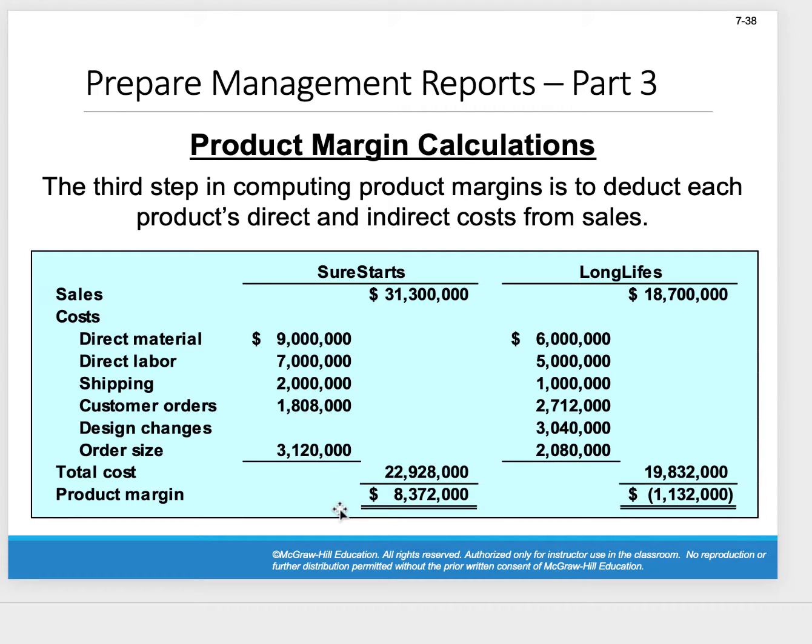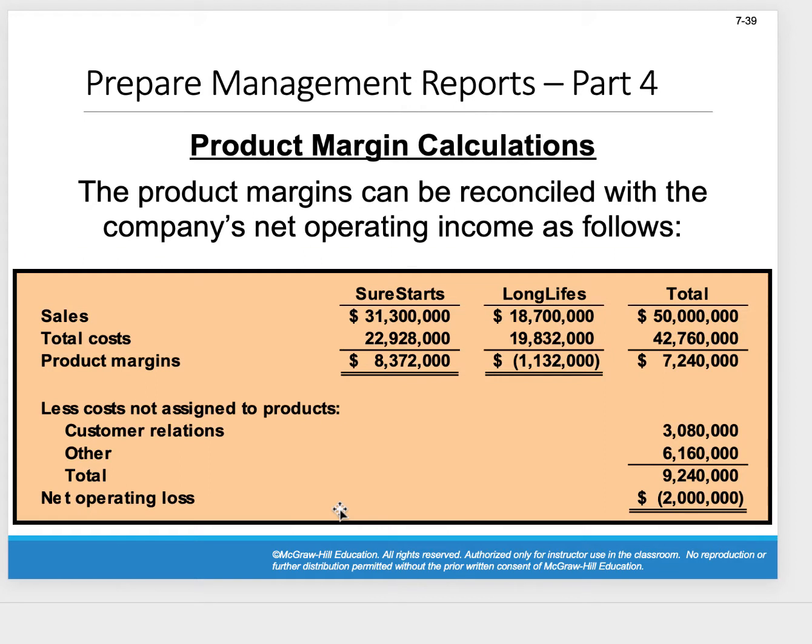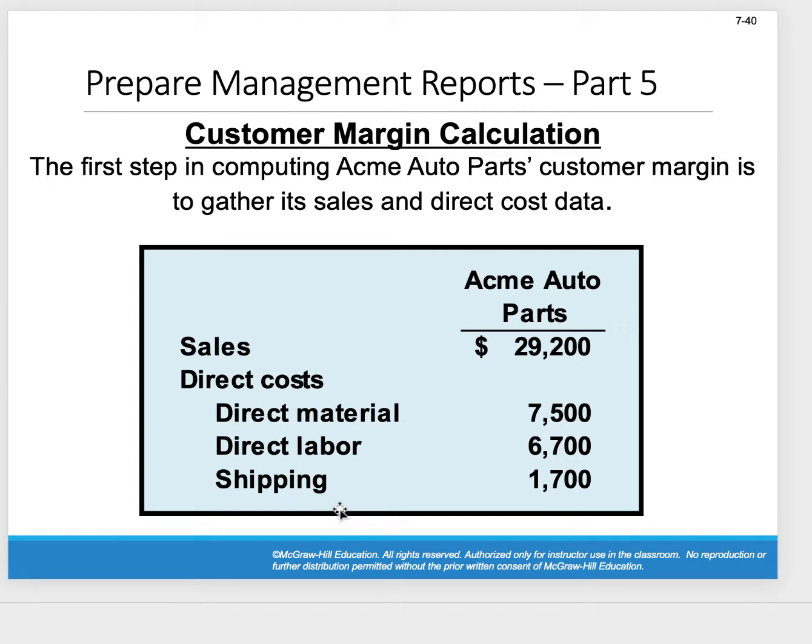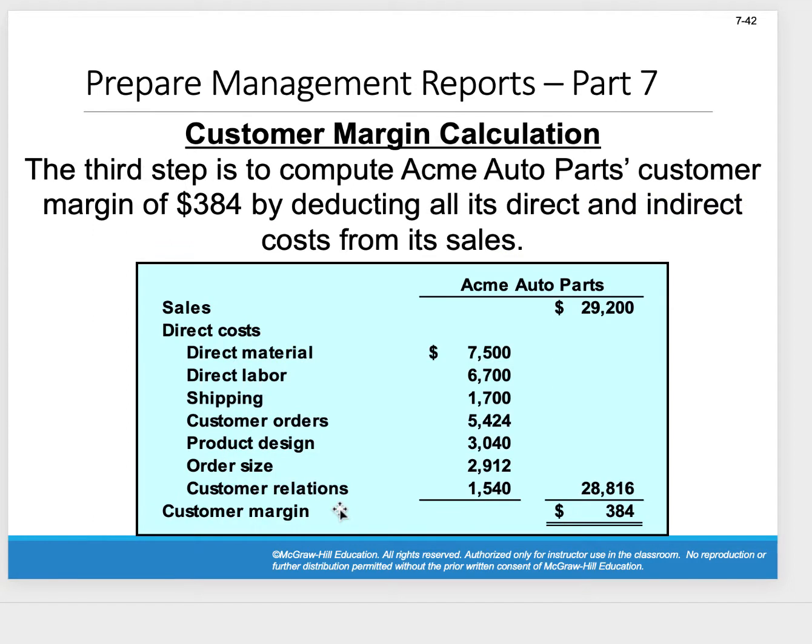So we see that SureStart gives us a higher product margin. Long Life does not. Okay? The sales of Long Life are a lot lower, but the costs are a lot higher with Long Life. Okay? We can do the same thing for a customer.